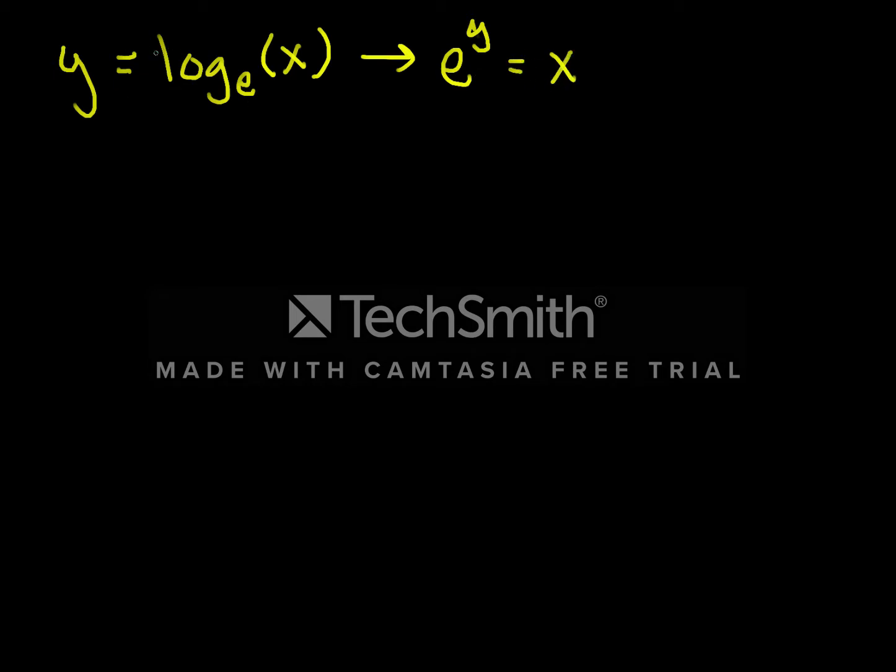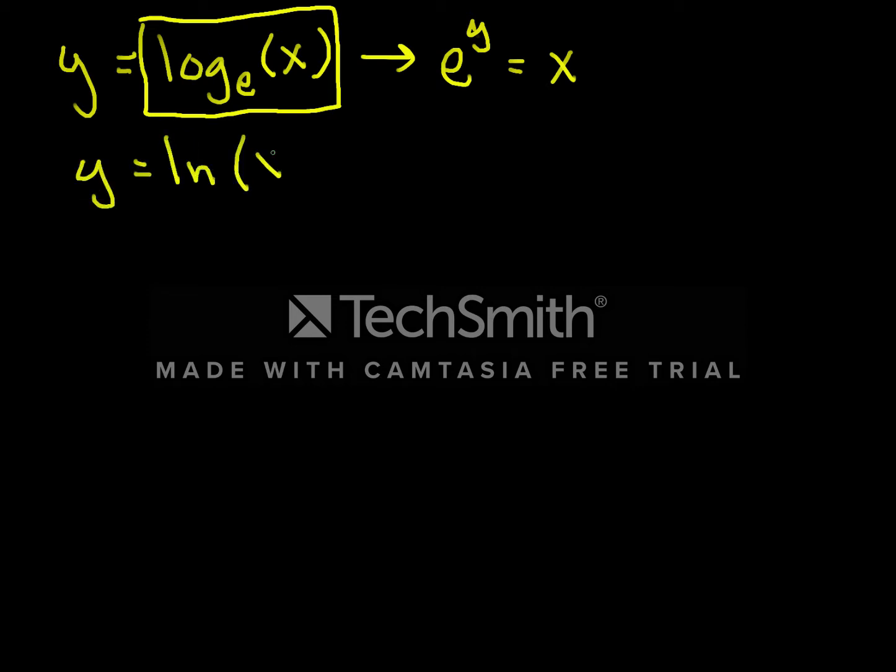And this logarithm comes up so often in application, so often in mathematics, that we get lazy and don't want to keep writing all these letters, and so we write the natural log, ln of x. But ln of x is just log base e of x. So our question here is, what is the derivative of the natural log with respect to x?